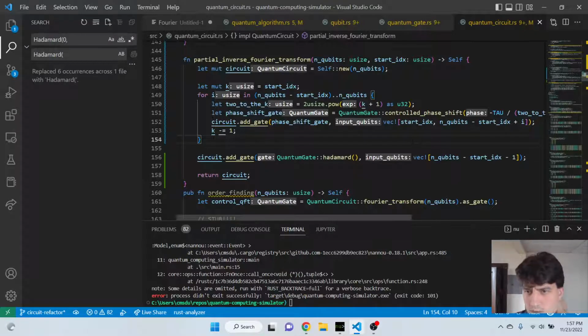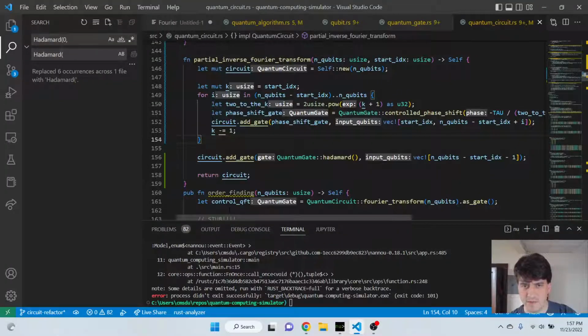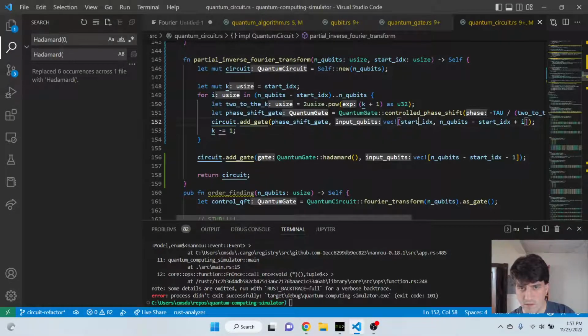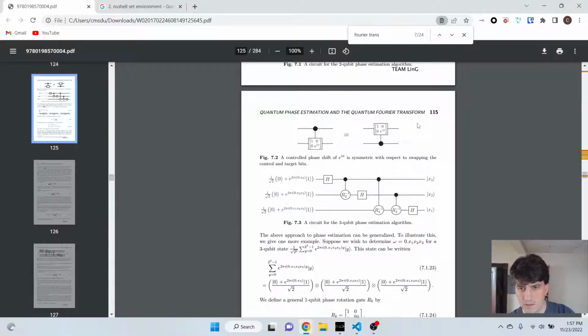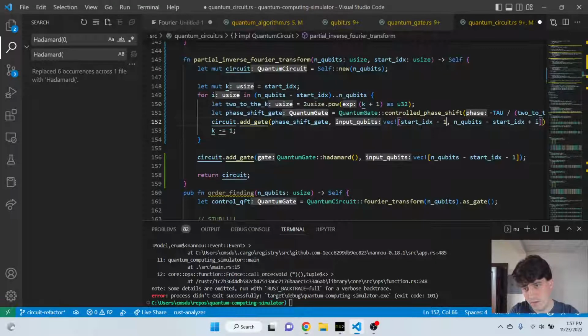Exceedingly close to this being the right answer. So it needs to be, first time it runs, this gets skipped. The second time it runs, it needs to be 0 and 1. Yes. So start IDX minus 1.